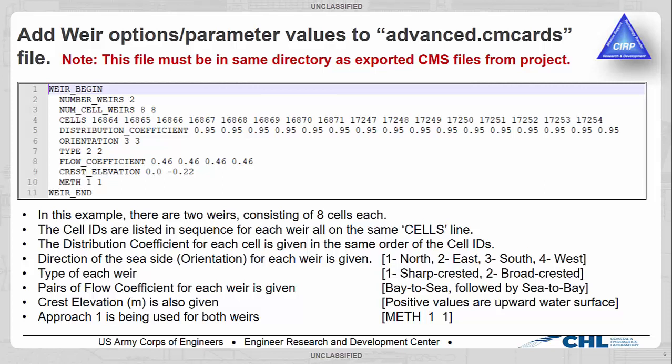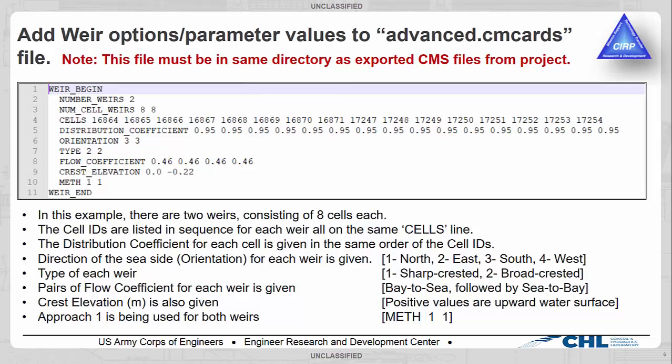So the format is relatively simple. We have a begin and end. We have a little block structure there in the card file for the Weir. The next line shows that we're going to have a total of 2 Weirs, and the number of cells in each Weir is 8.